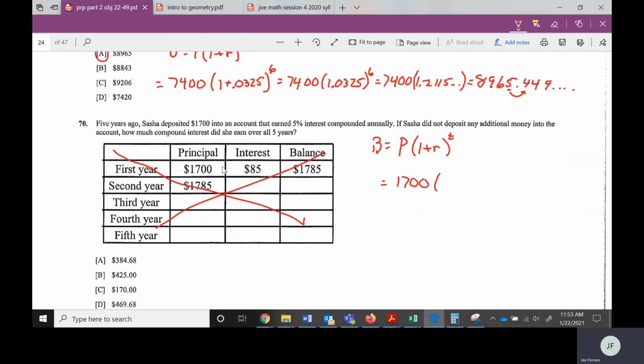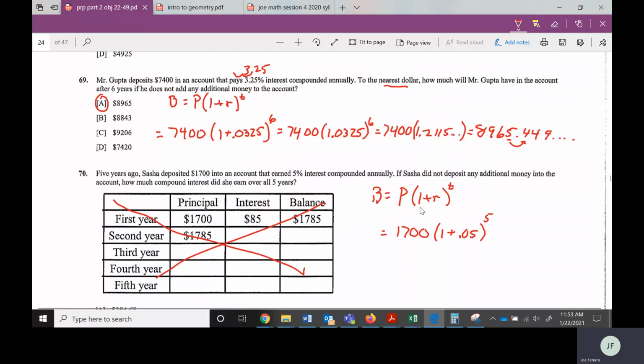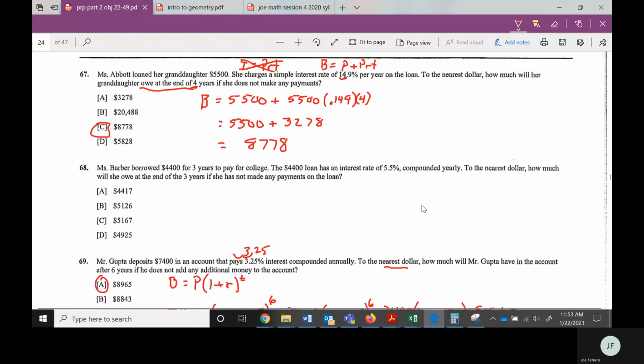So the principal goes there, 1 plus interest rate is 5. So move that twice, it's 0.05, and for 5 years. Okay, so that would be the setup. So that is objectives 38 and 39.